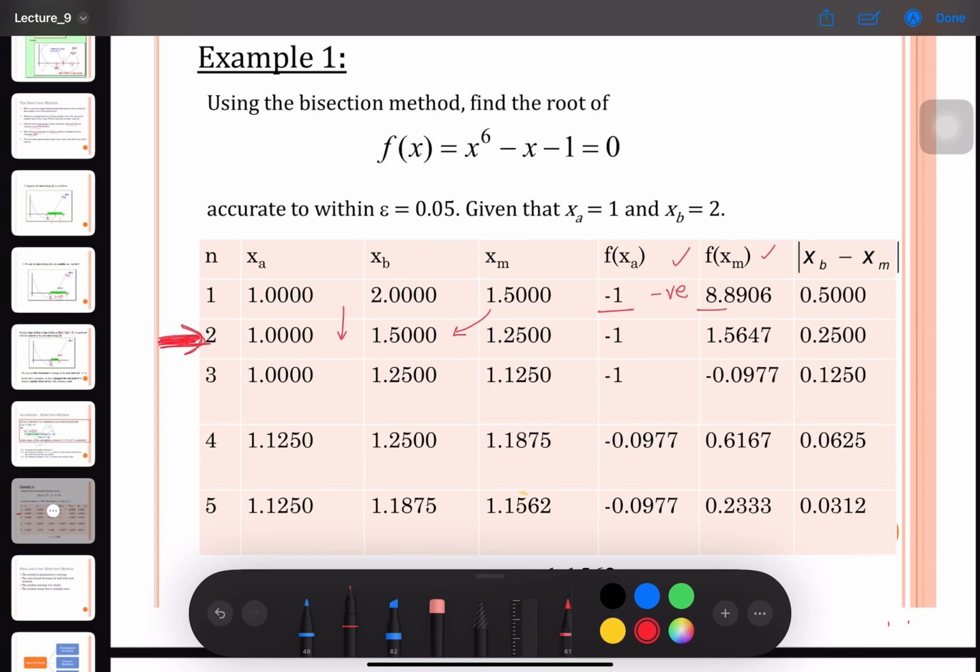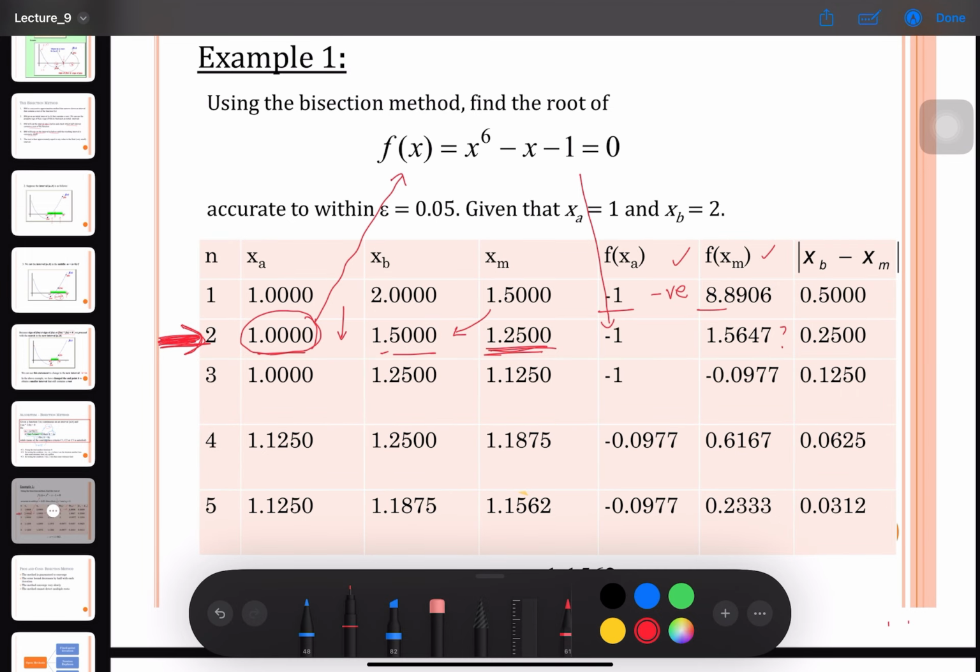And then after that, you have xa, xb, find your xm using the midpoint formula again. So (1 + 1.5)/2, you will get 1.25. And then for the next column, f(xa), you substitute your value of xa into the equation, you get this answer.